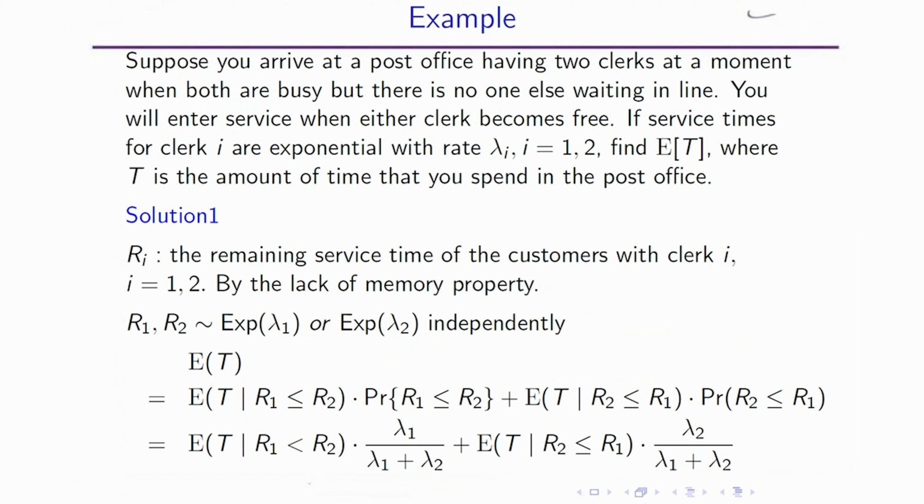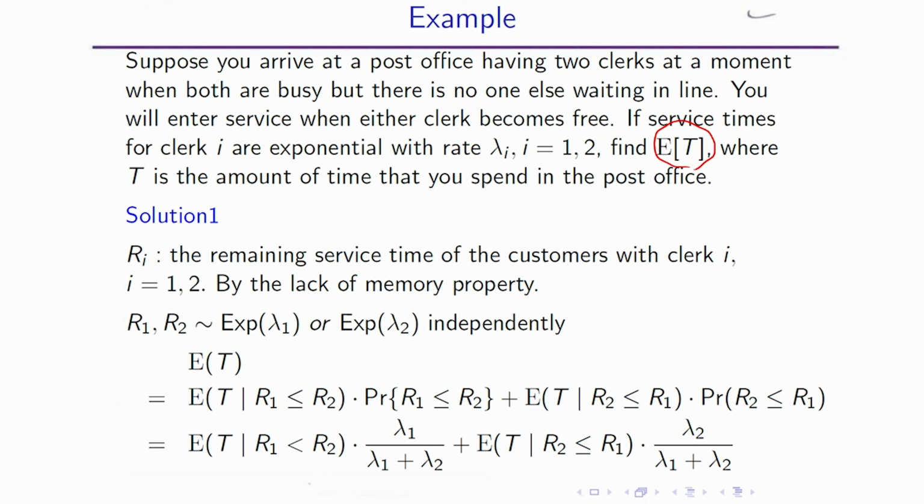Example: suppose you arrive at the post office having two clerks. At the moment when both are busy, but there is no one else waiting in line, you will enter service when either clerk becomes free. Service times for clerk i are exponential with rate lambda i, where i can be 1 or 2. Now we want to find the expectation of T, the amount of time that you spend in the post office.